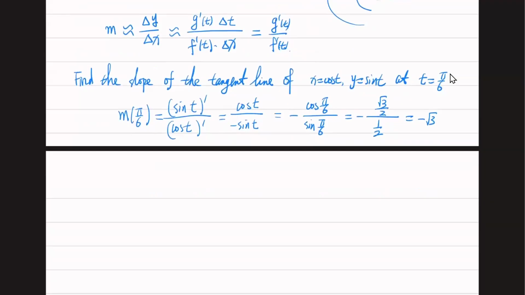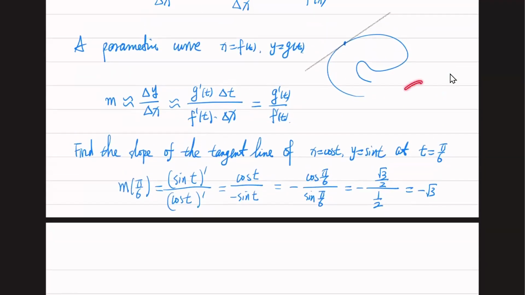If we draw the circle, and pi over 6 is approximately somewhere over there, then the tangent line.